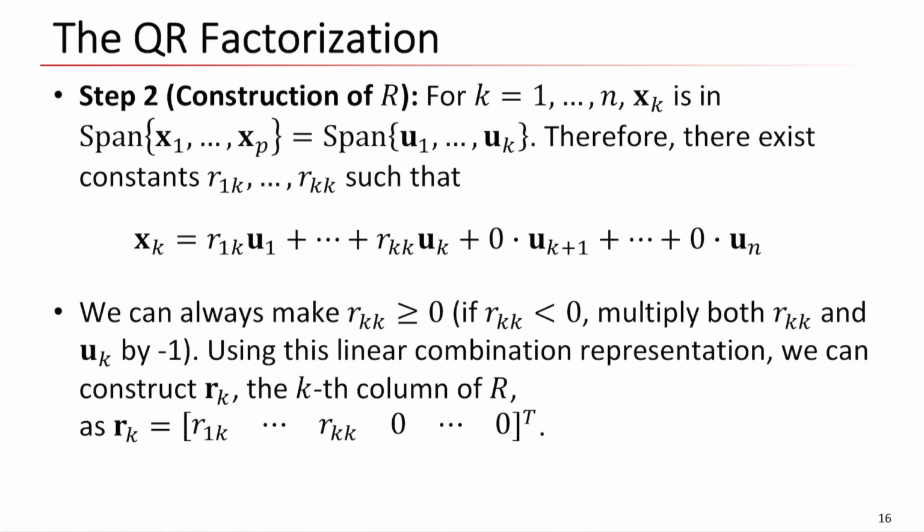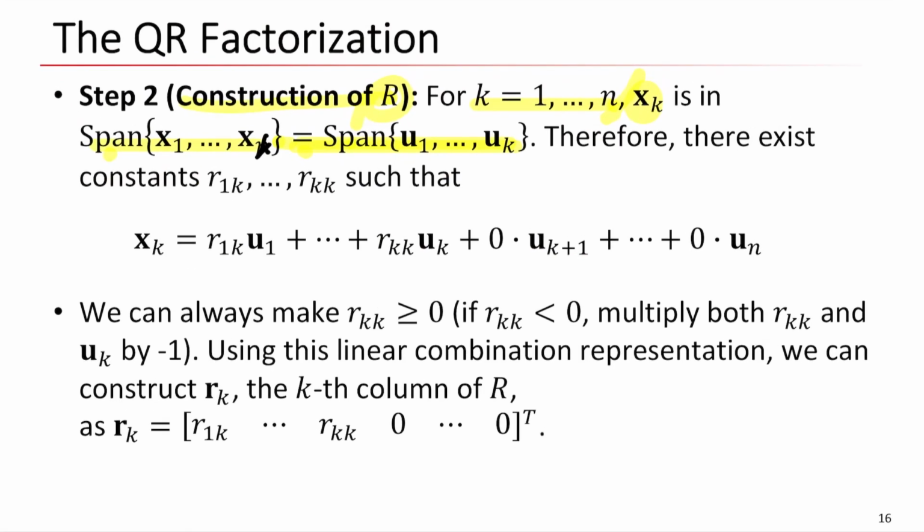Then let's think about the construction of R. Here's the proof. For k equal to 1 through n, xk is in the span of x1 through xk, and u1 through uk, right?